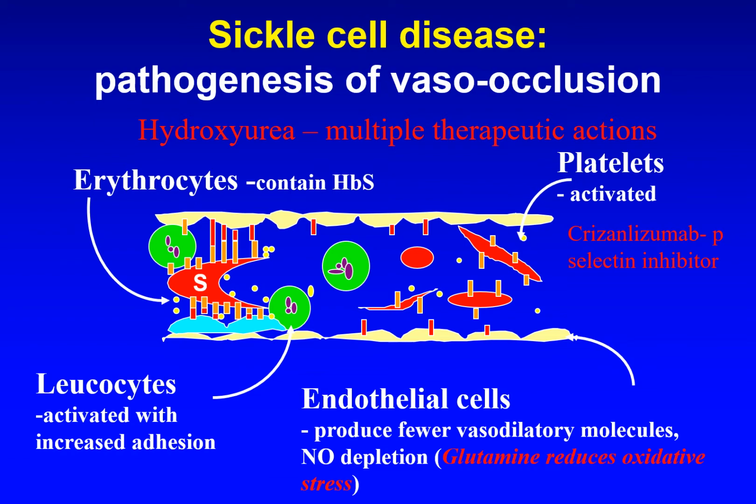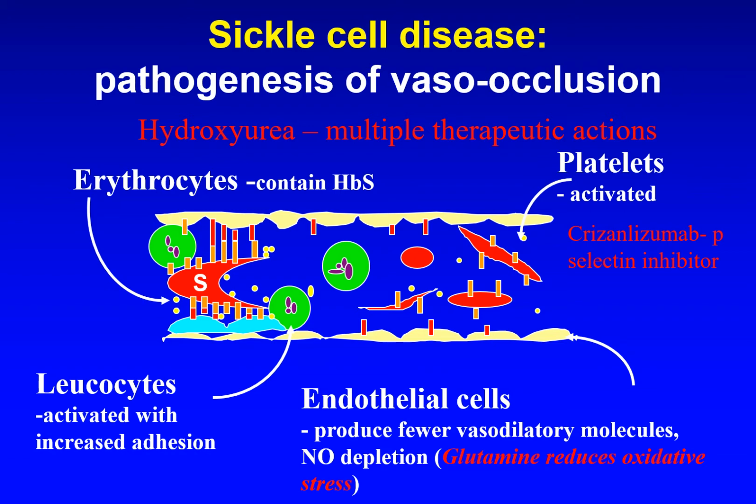There are also other physiological events that occur, including fewer vasodilatory molecules and the depletion of nitric oxide. And just as an aside, you can see why these areas are therapeutic targets.